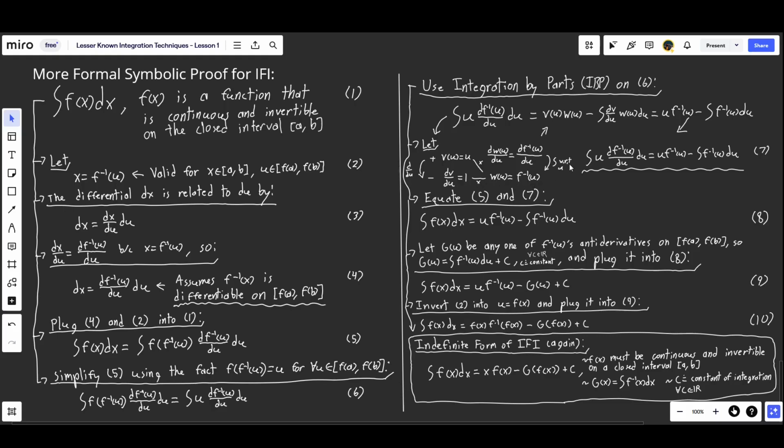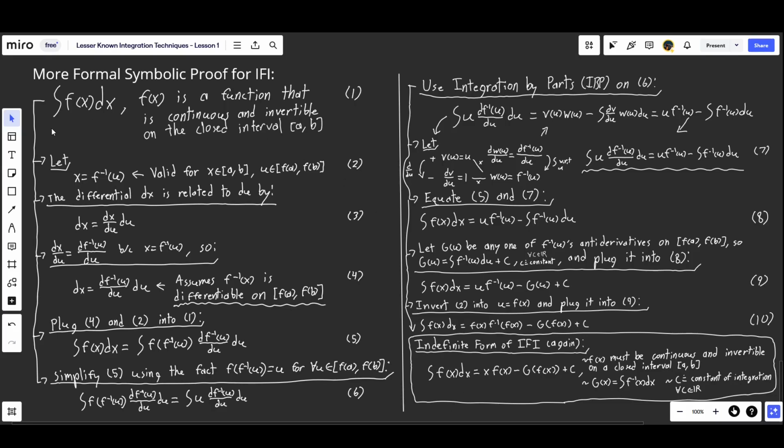Plugging these two results into here, we'll see that the indefinite integral of u times the derivative of the inverse of f of u with respect to u is equal to u times the inverse of f of u minus the indefinite integral of the inverse of f of u.